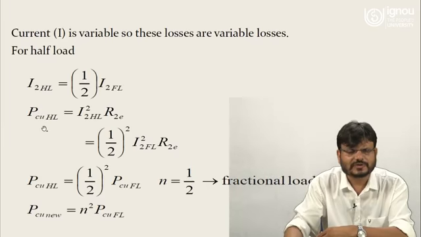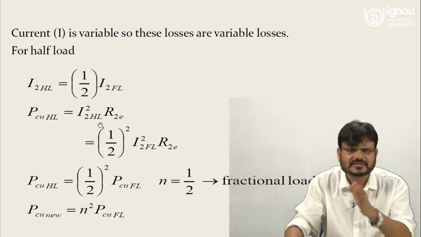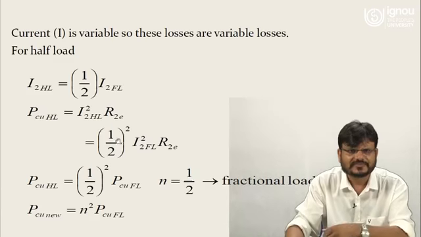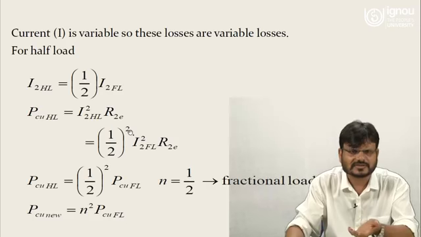Now if we want to calculate the copper losses at half load, you can write I2HL square R2E, where I2HL is the current at half full load. The value of this current is equal to 1 by 2 times the full load current, so put I2HL equal to 1 by 2 I2FL. The square of 1 by 2 is 1 by 4, and this current is I2FL, so I2 square FL R2E.